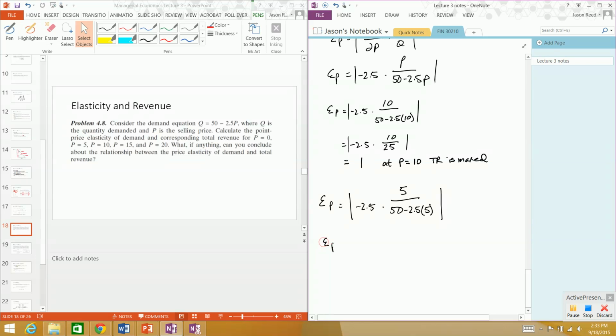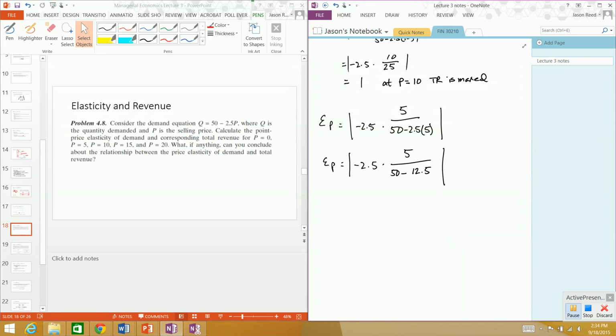So the elasticity of price is negative 2.5 times 5 over 50 minus 12.5, and we get just about 1/3. What does this tell us? It tells us that this is less than 1, so we have inelastic demand. And so we can already understand what should happen here.